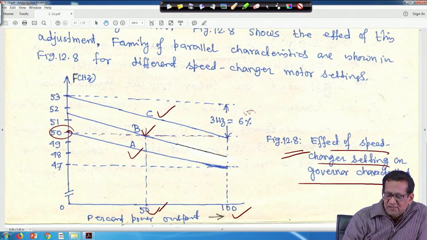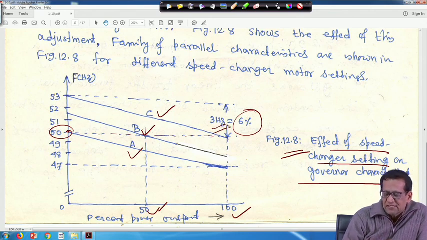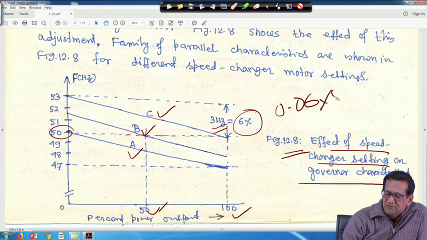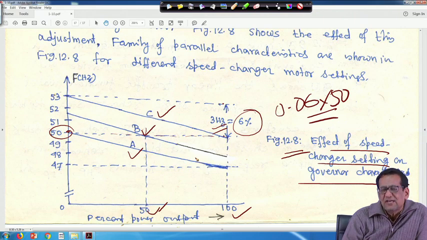For a 6% droop value, that is a 6% change in frequency, that is nothing but 3 hertz, because 6% means 0.06 into 50 for a 50 hertz system. So, this drop is 3 hertz. Although they have different characteristics, you can see that this is a simple example.